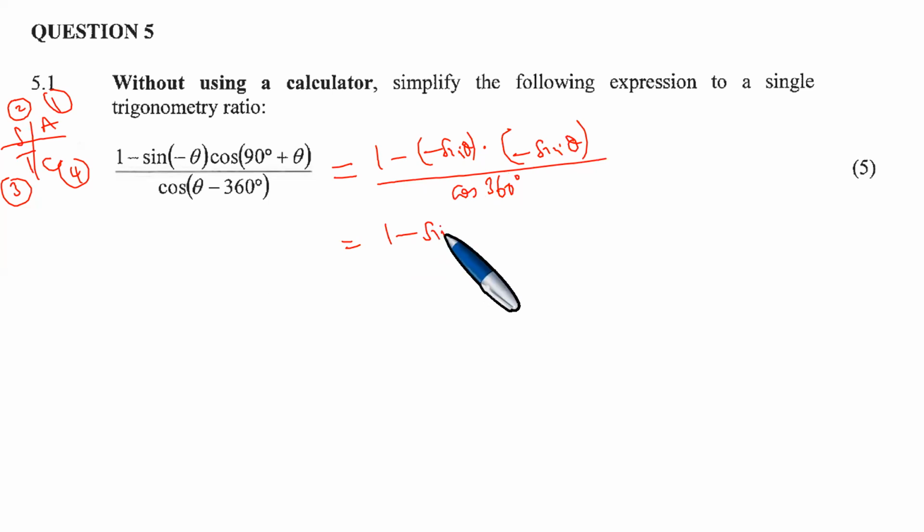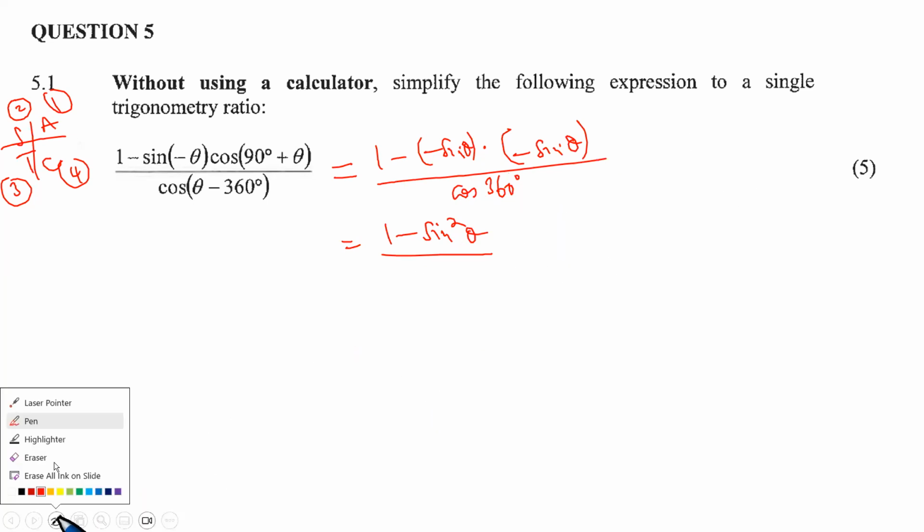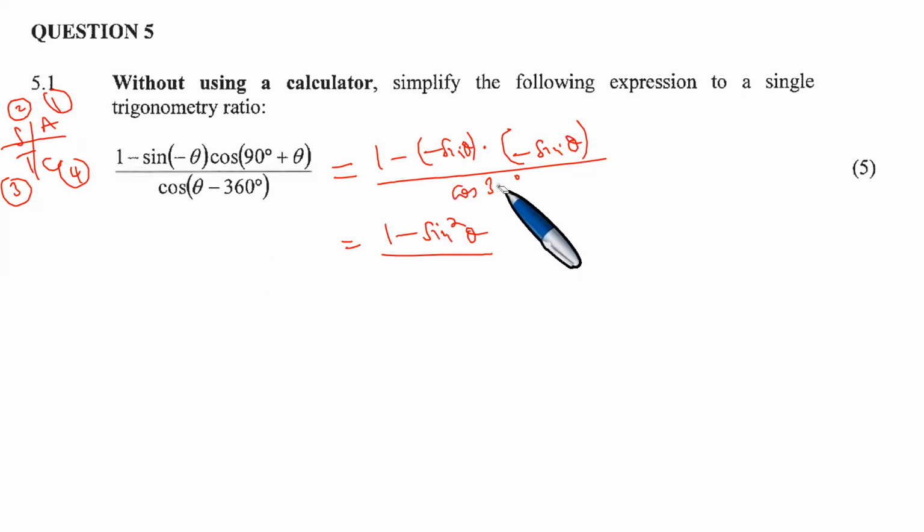So it's 1 minus sine squared theta, divided by cosine theta, because it's in the fourth, and in the fourth, cosine is positive.